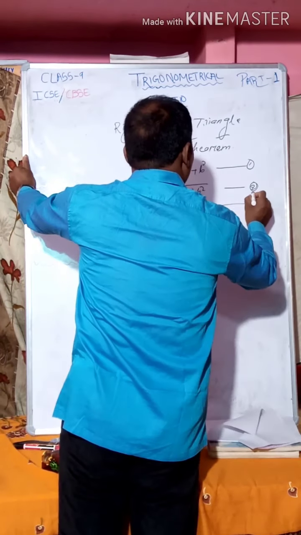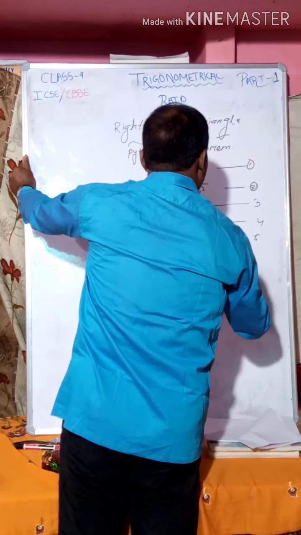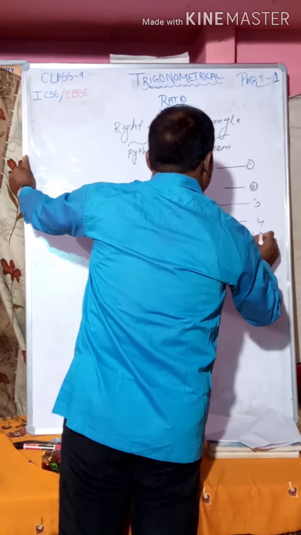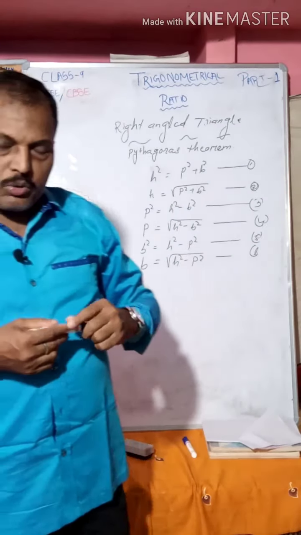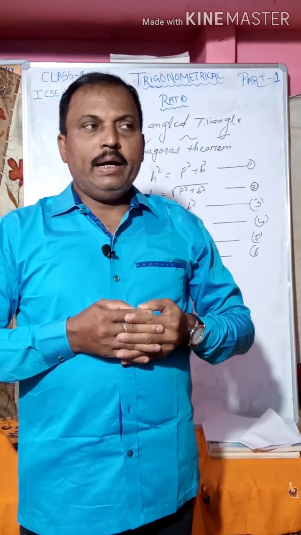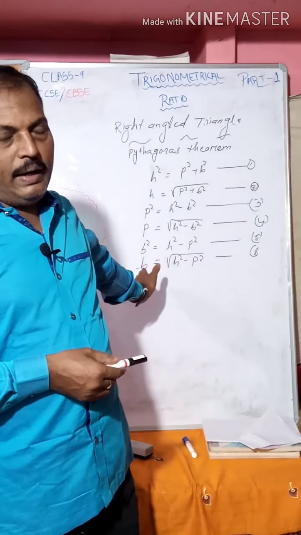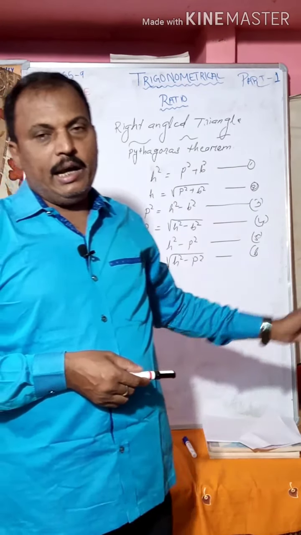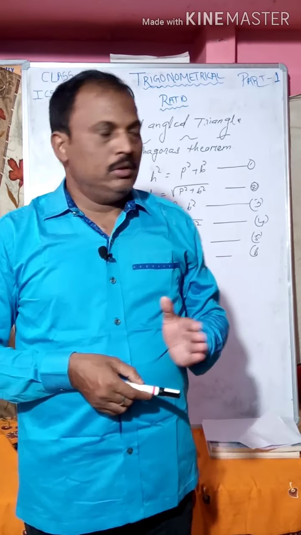This is formula number 1, 2, 3, 4, 5 and 6. By Pythagoras theorem, one formula is given: H square is equal to P square plus B square. By taking this formula, we can form the other 5 formulas.